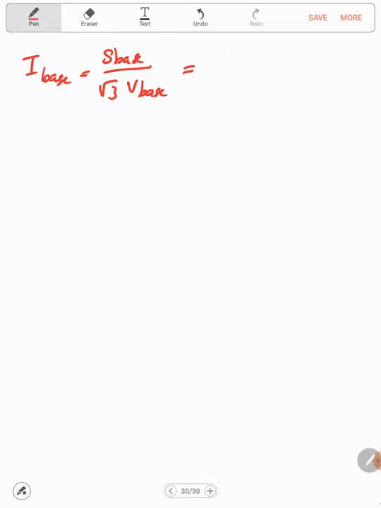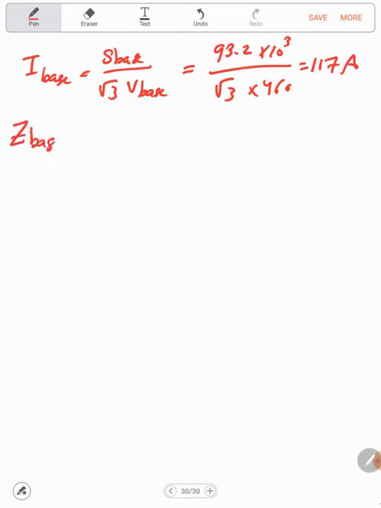So this will equal 93.2 multiplied by 10 to the power 3 over square root of 3 multiplied by 460, and this will equal 117 ampere.